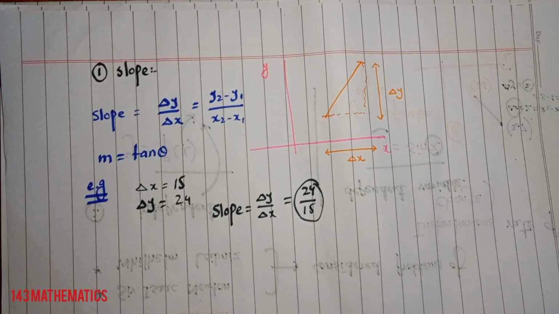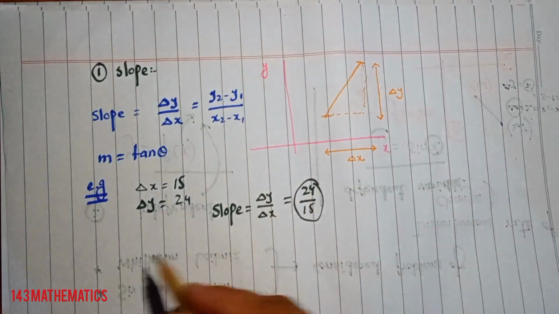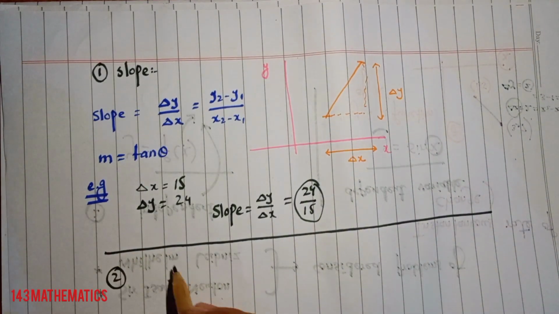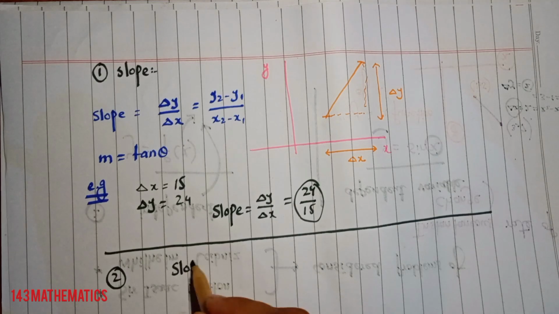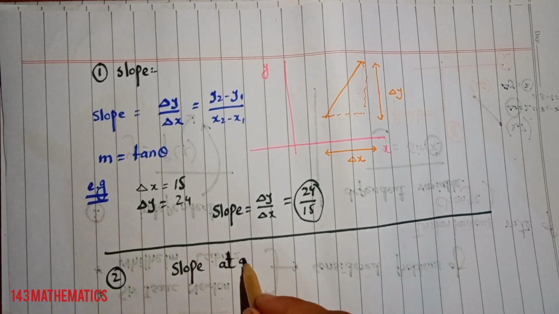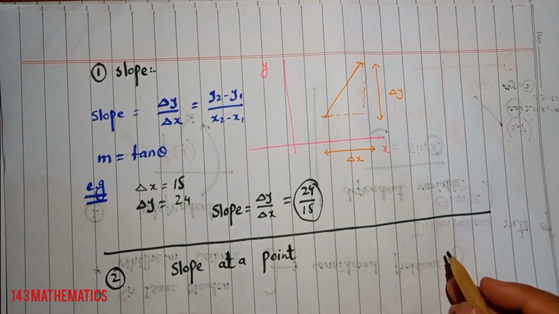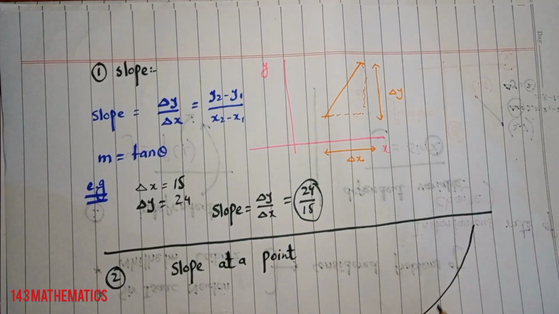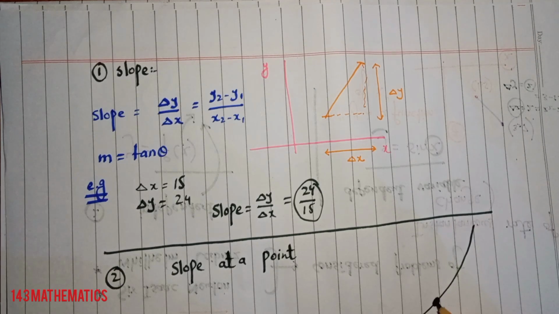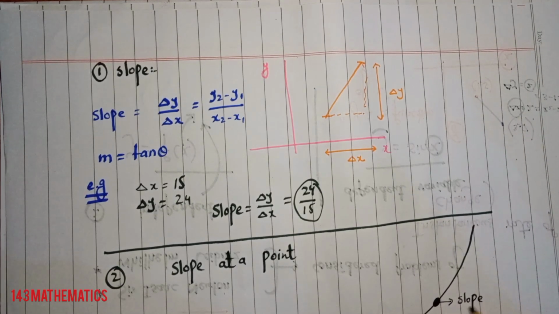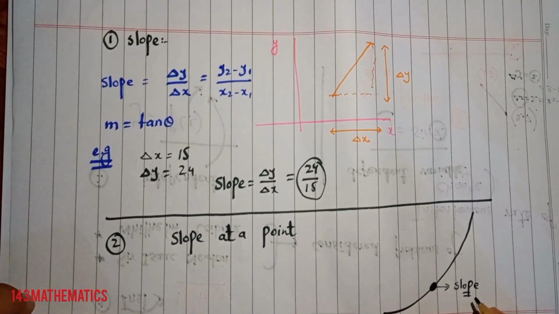Further, this is the slope of a line. Now if we discuss slope at a point, which is an important point, if I draw a curve and a point, we want to find the slope at this point. What will be the value of slope at this given point?